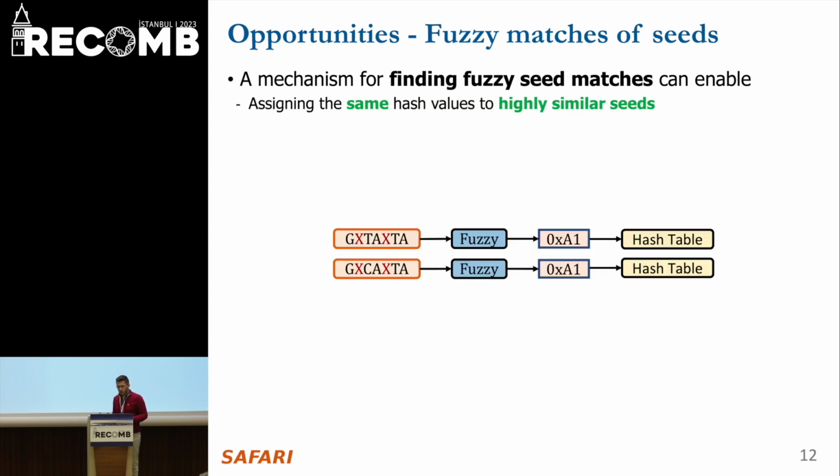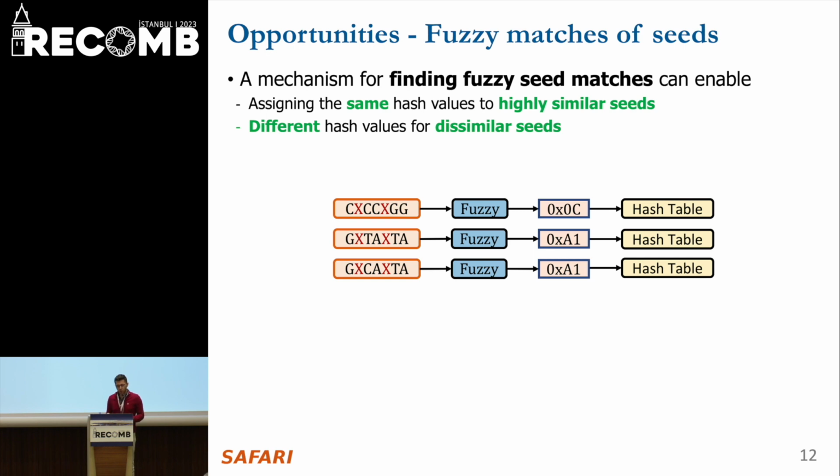So then let's try to look at the opportunities that we may have when finding fuzzy seed matches. A mechanism for finding fuzzy seed matches can enable, of course, assigning the same hash values to highly similar seeds. For example, here the seeds are not exactly matching, but a fuzzy seed matching technique could assign the same hash value so that we can find these highly similar seeds by directly looking up their hash values. And of course, we should still be assigning different hash values to dissimilar seeds.